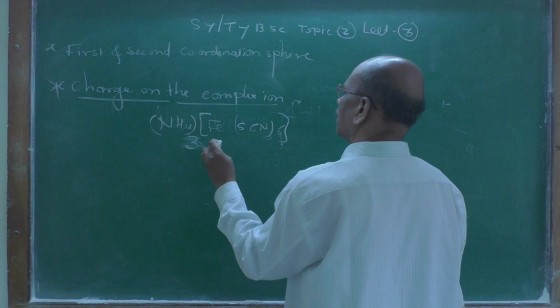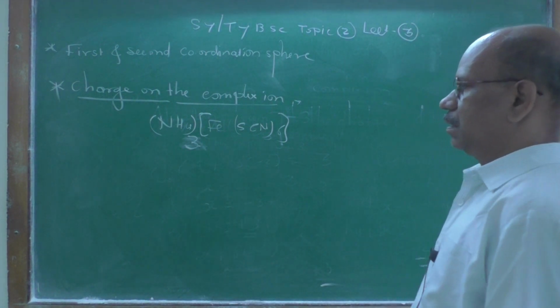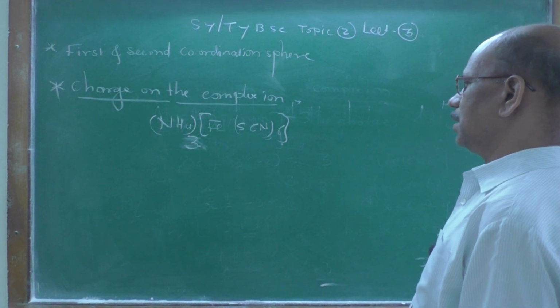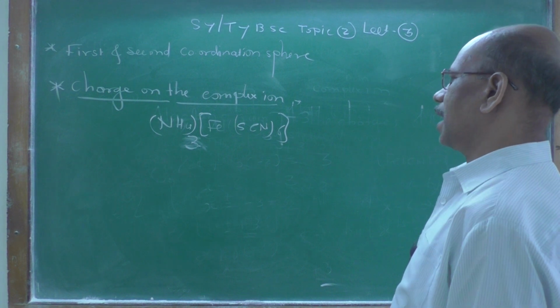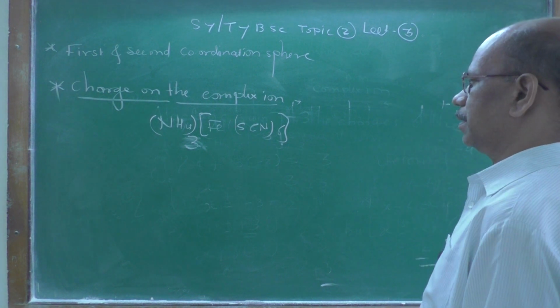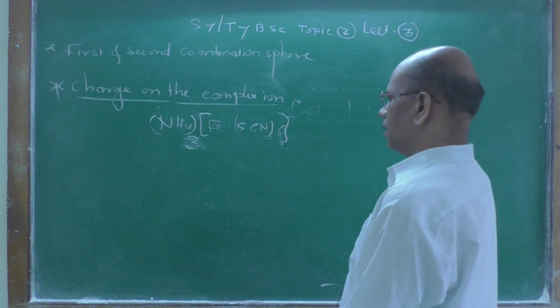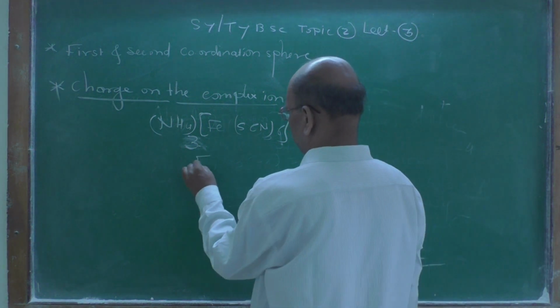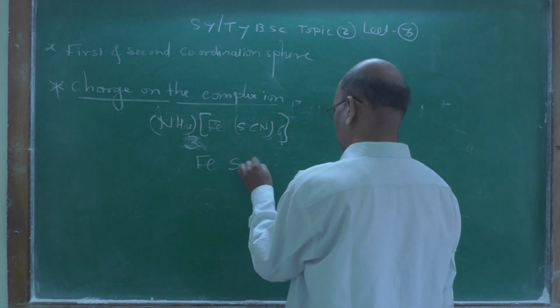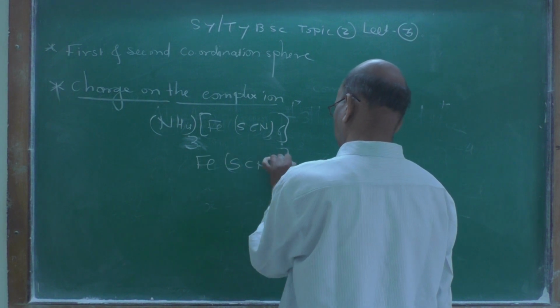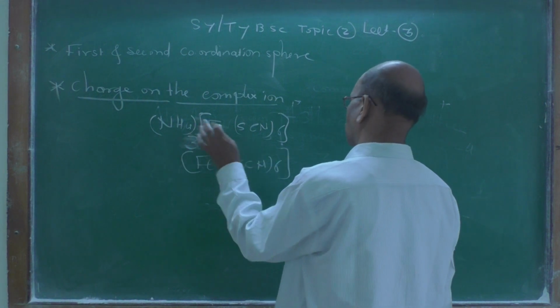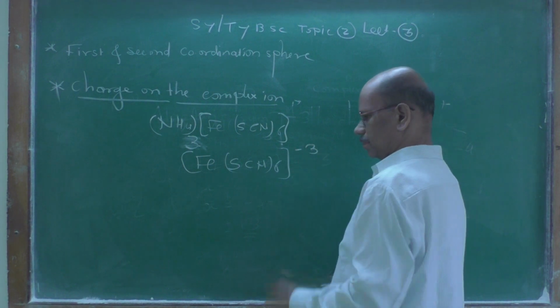Let us consider NH4 three times. Ammonium hexathiocyanato ferrate(III) is the name. Now the complex ion in this particular case is [Fe(SCN)6], it is a +3 for the cations, it is a -3 for the complex ion.